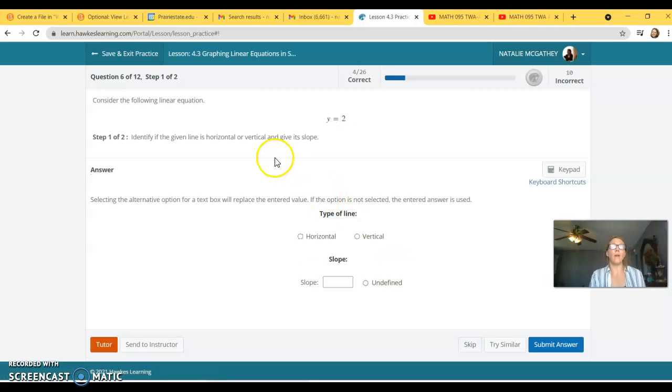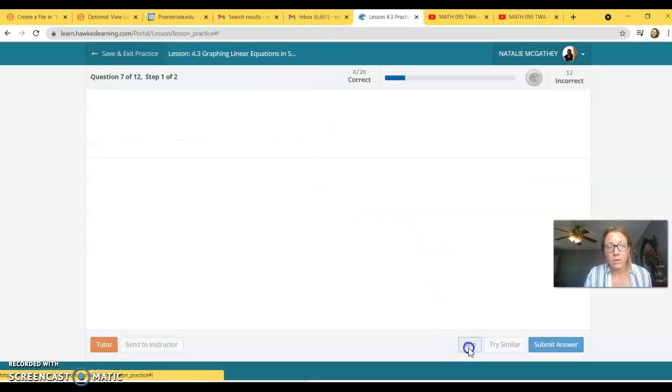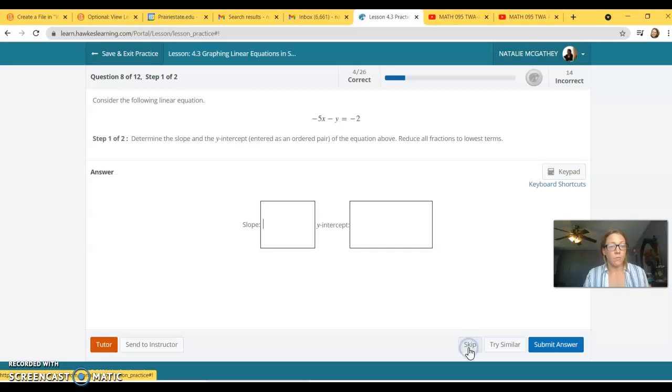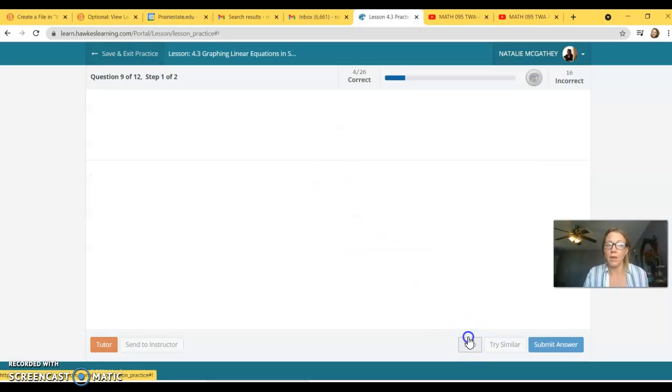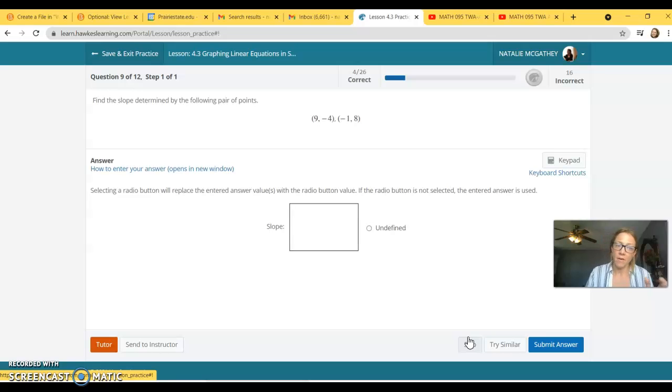Okay? All right, and some of these problems are those like horizontal and vertical lines. So you might want to watch the video on that before doing these. All right, and then the rest of these are pretty self-explanatory. Find the slope and y-intercept, graph the line. Find the slope and y-intercept, graph the line.